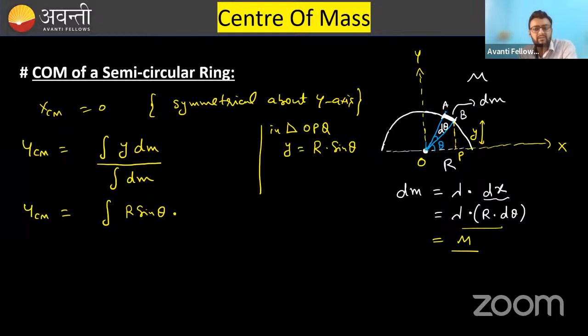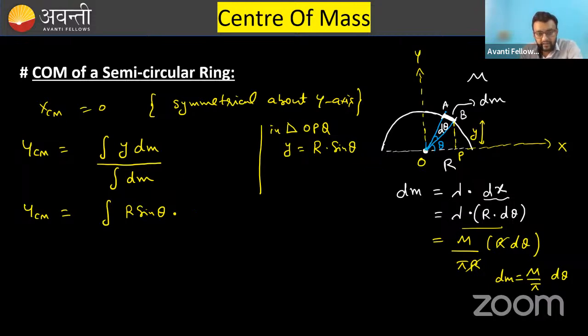This is semicircular, so 2 pi r is the total length of the full circle, and this length is pi r. Lambda is M upon pi r, into r d theta. R will get cancelled out. So dm is m by pi d theta.